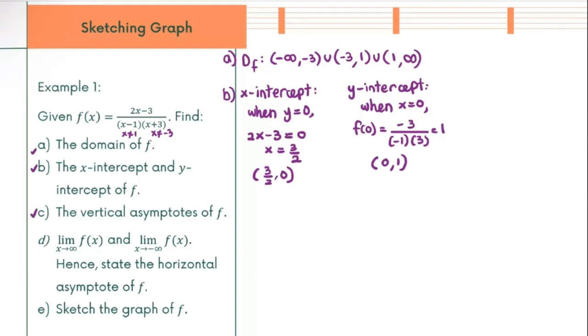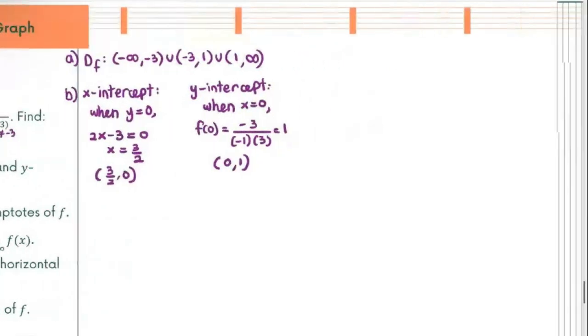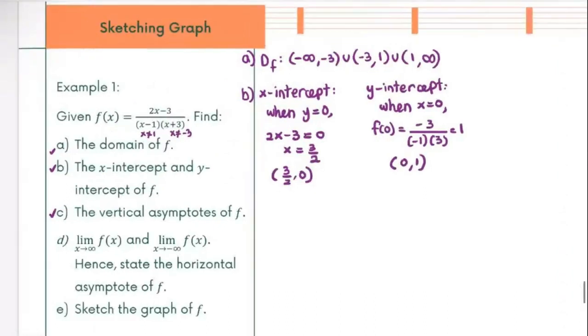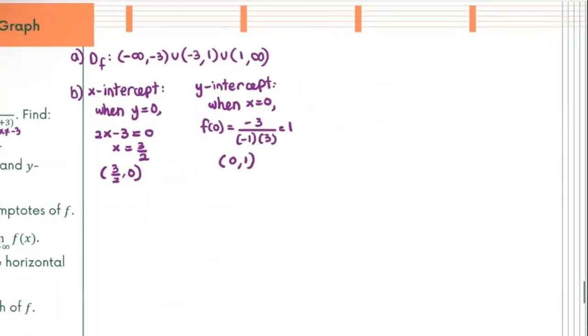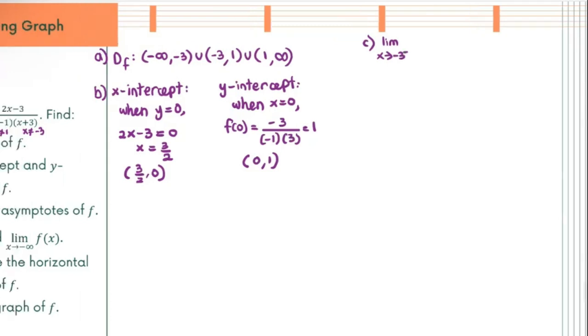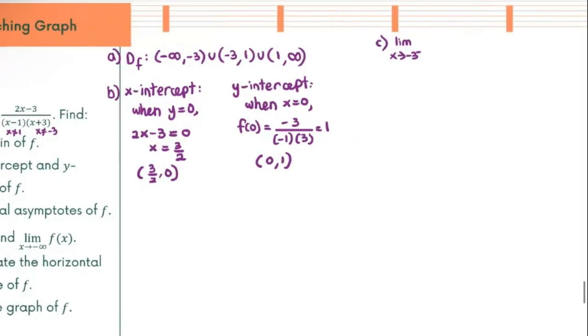Find the vertical asymptote. Okay, vertical asymptote kat sini kita ada 2 value of x kan. So dia back to the first equation tadilah. So kamu akan check dekat limit of x approaching negative 3 from the left. Apa function kita? Lupa pula. 2x tolak 3.